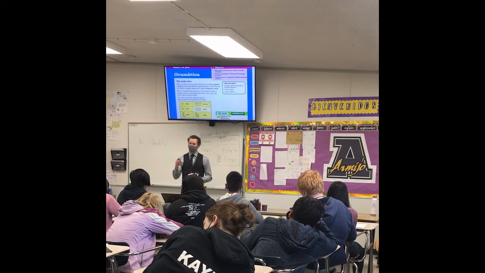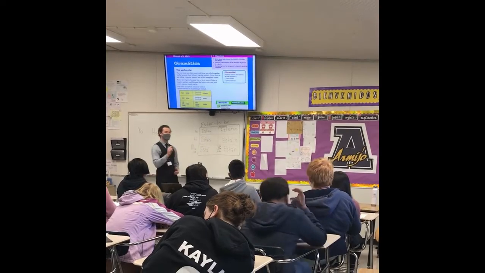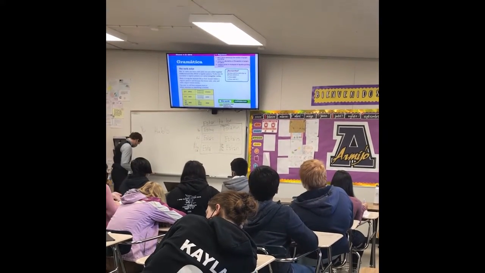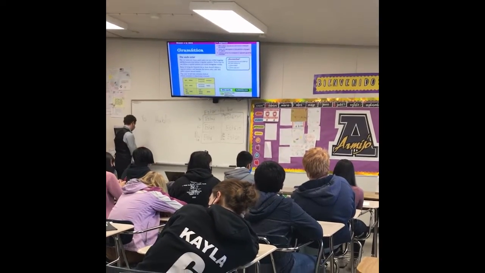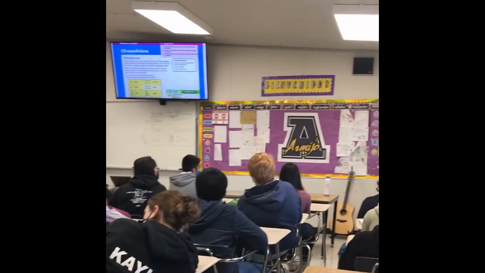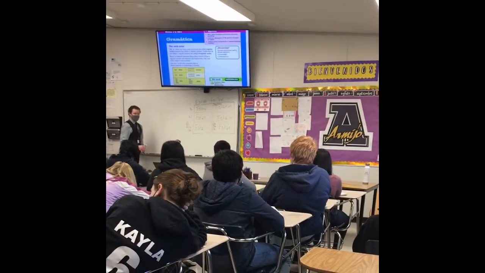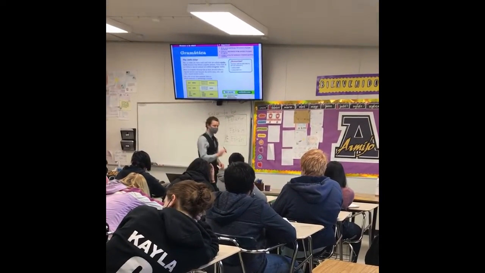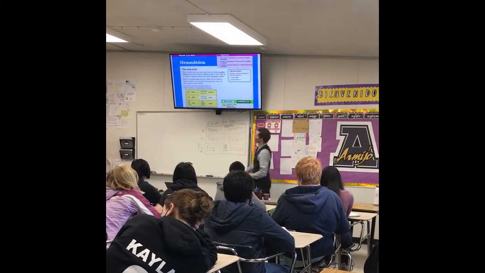So for right now, please take out a piece of paper because we're going to take a couple of notes on this irregular verb. The most important thing to get copied down is the chart, the conjugation chart.